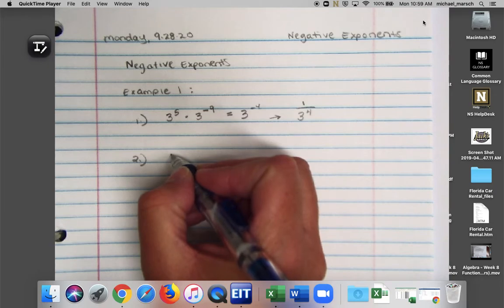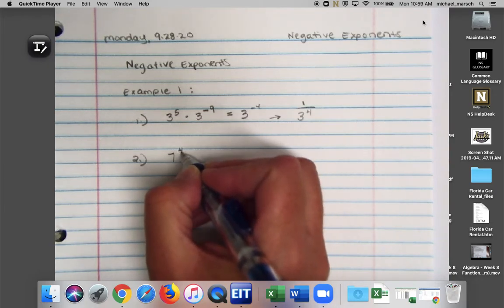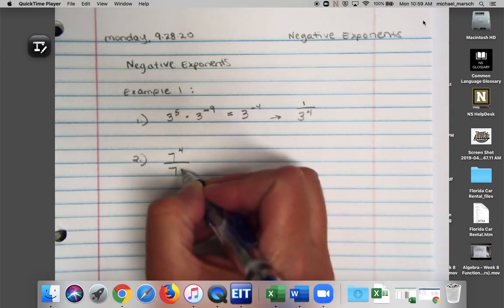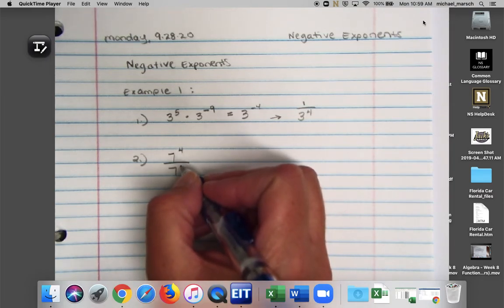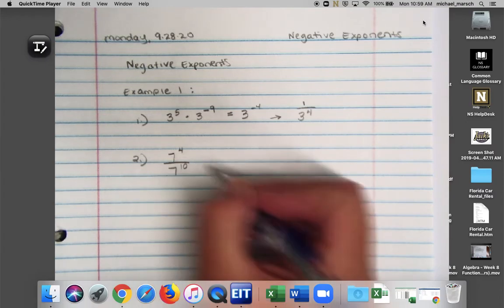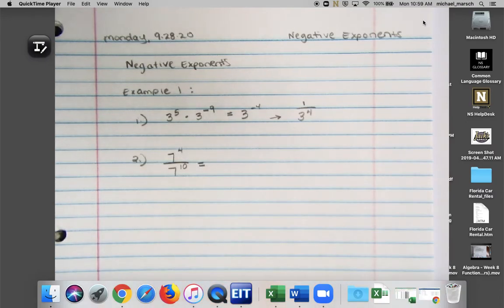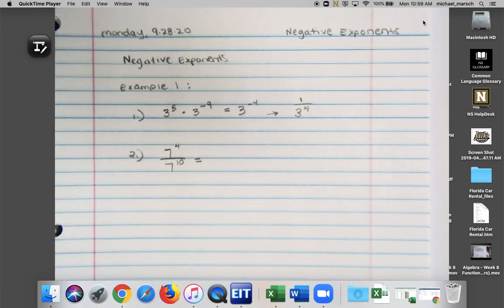Let's do another one. 7 to the 4th divided by 7 to the 10th. Okay. What's my rule when I am dividing with exponents that have the same base? What do I do to the exponents?